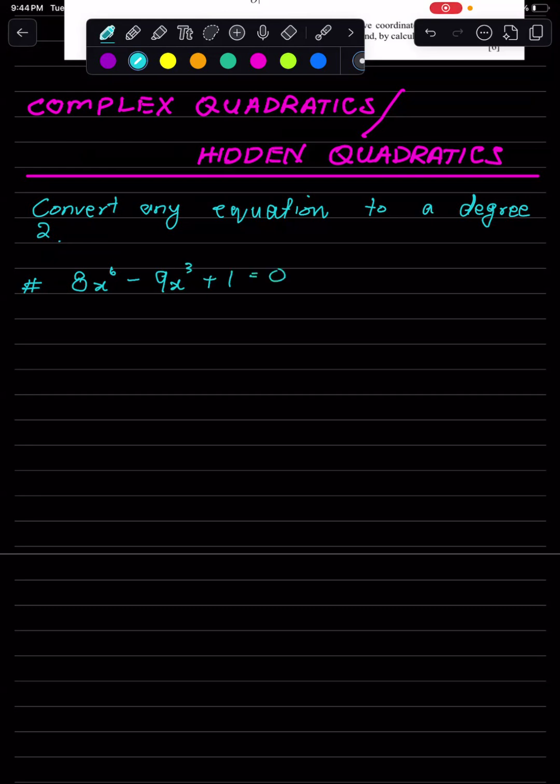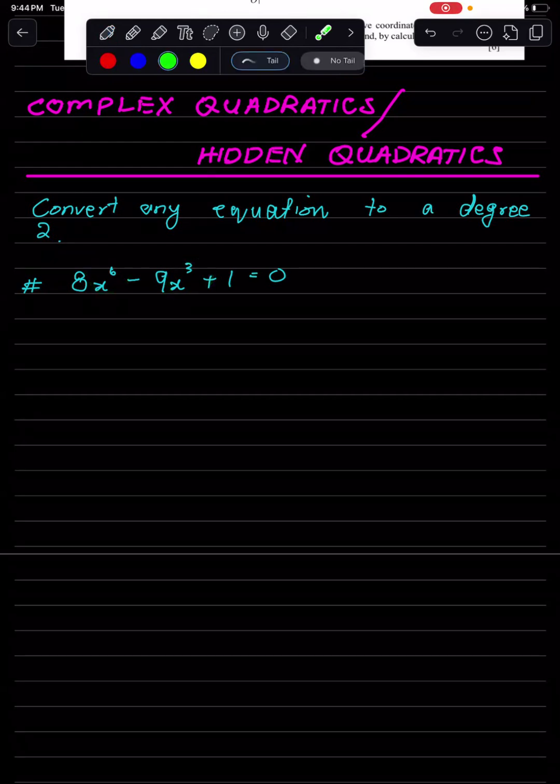Here you can see that this power of x is 6. This is 3. We cannot solve them. They are polynomials now, right? Eventually, we need to factorize them or convert it into quadratic at least to solve them, right?